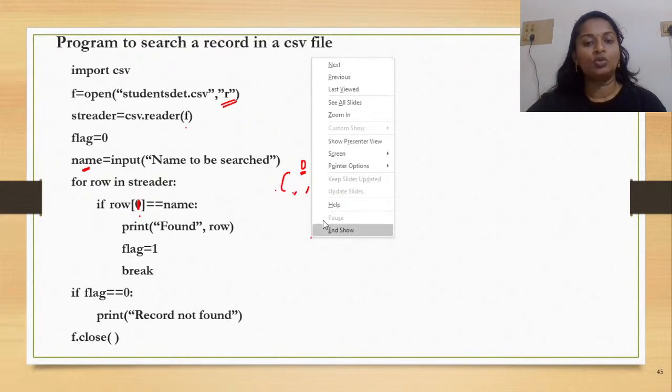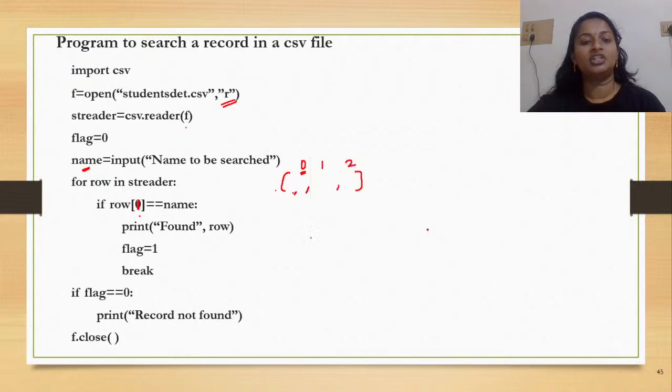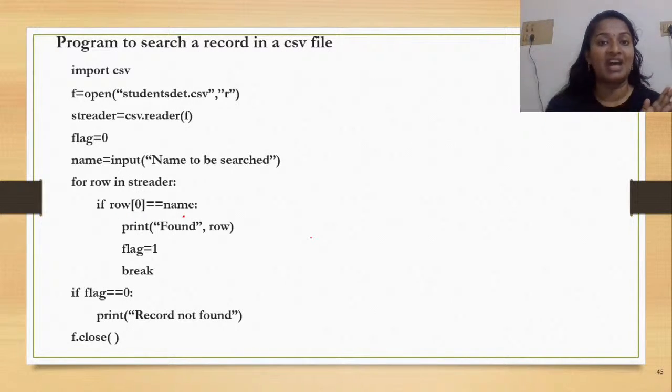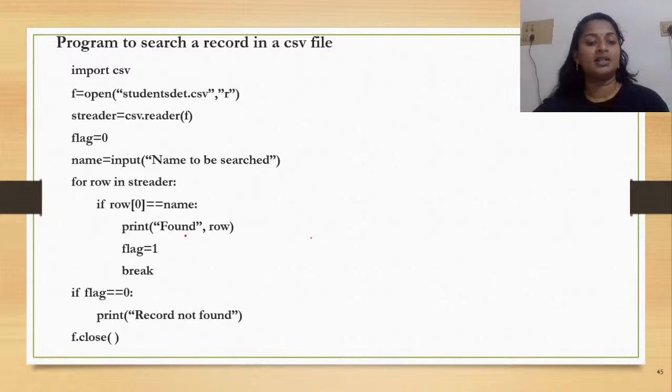So what you try to do is imagine at the 0th value you have the name. In that case, row of 0 is compared with the value in the name, and if it is found matching, we have actually found the record, isn't it? So in that case, I would print the message stating that it is found, and then the entire record would be printed here, and then I will break from the loop.